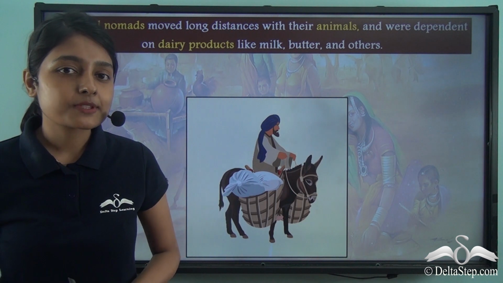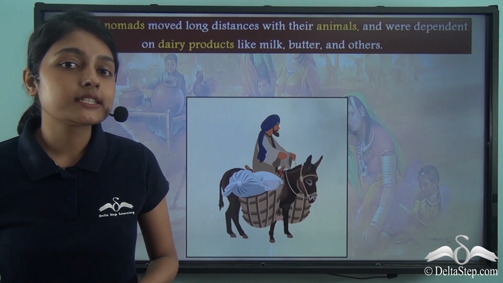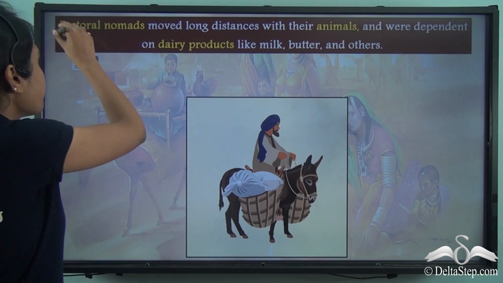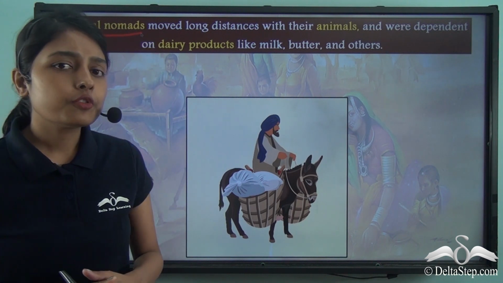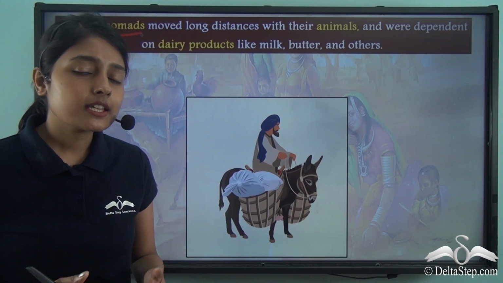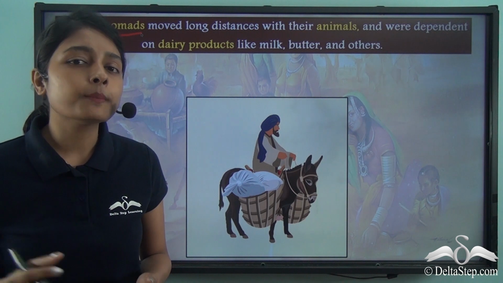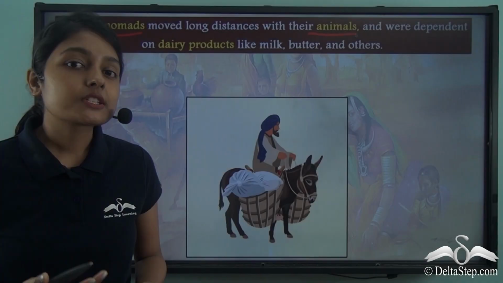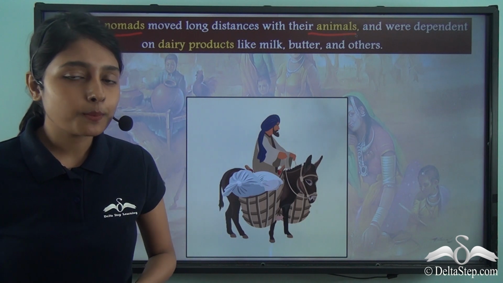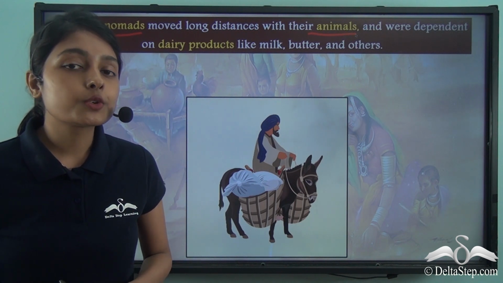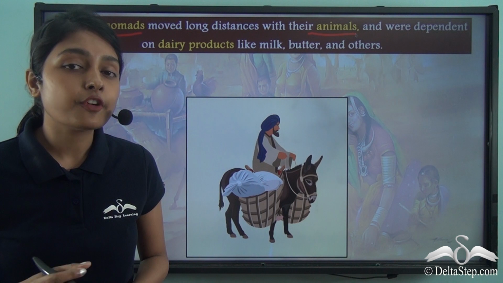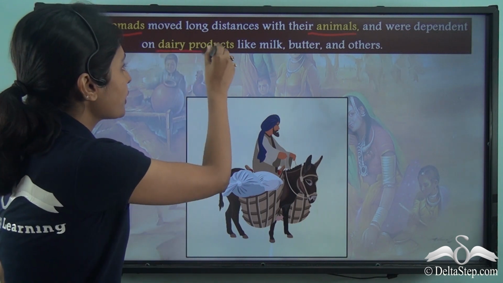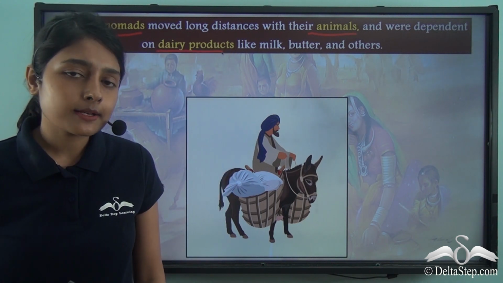Of the various types of nomads, here we will be discussing the pastoral nomads. Who were the pastoral nomads? These were people who used to move from one place to another with their animals. But why were they known as pastoral nomads? Because these were people who depended on their animals for the dairy products that these animals supplied.